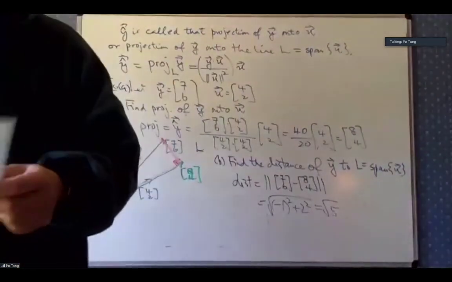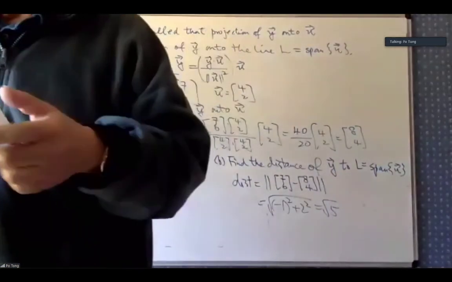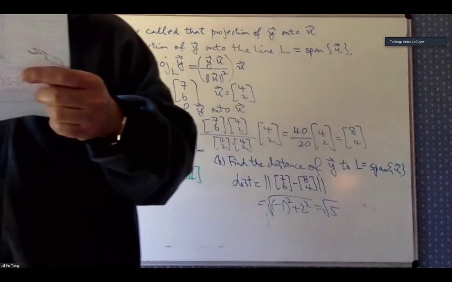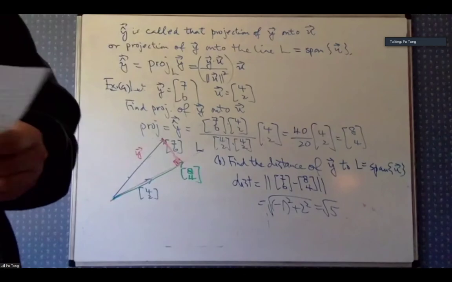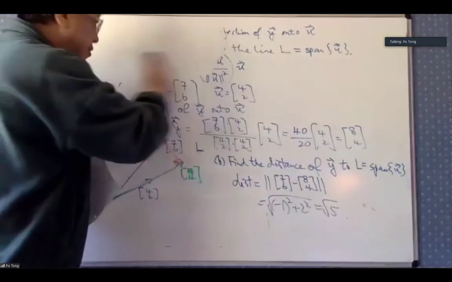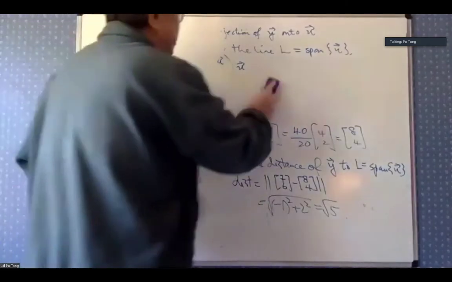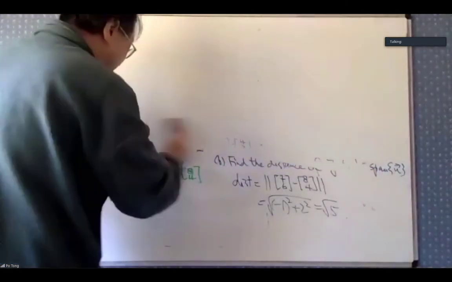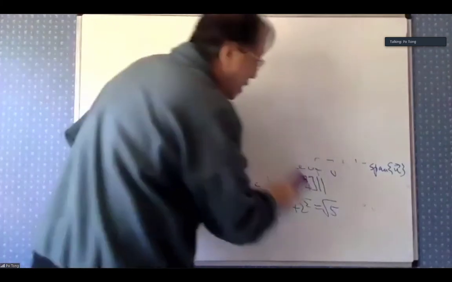Hey, are we doing all right? Seems okay. So we are moving along good. I should be able to finish this section so that you guys can do your homework.